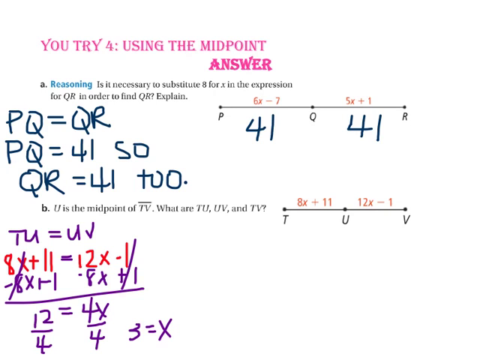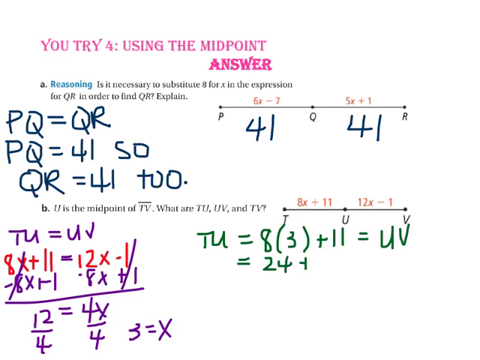To find the length of these three segments, we need to substitute 3 in for x into one of these two expressions. Since both of these segments have the same length, we only need to substitute x in one time. Then we can add the total length to find the length of segment TV. 8 times 3 is 24, plus 11 equals 35.